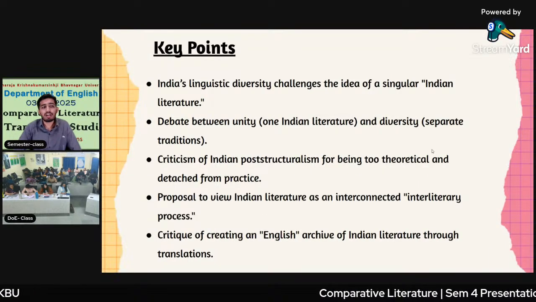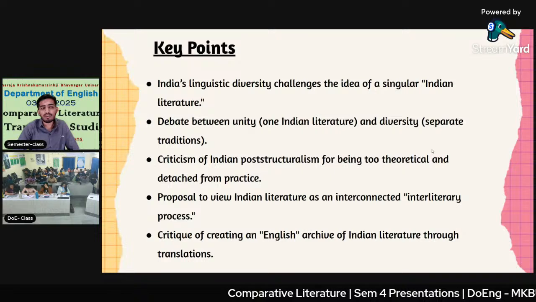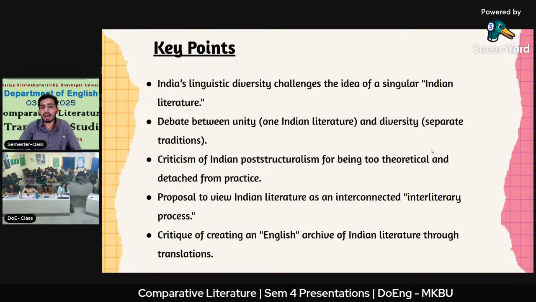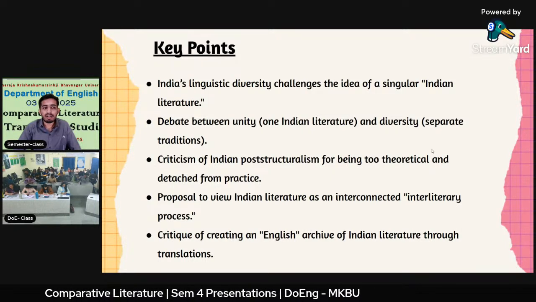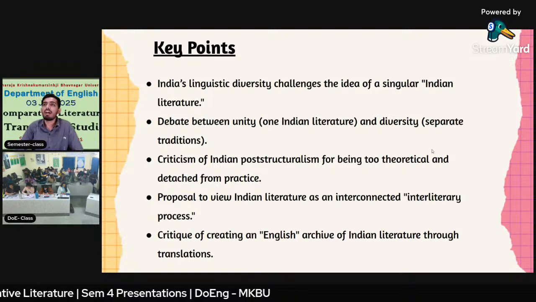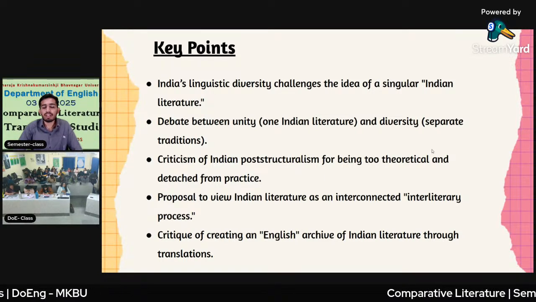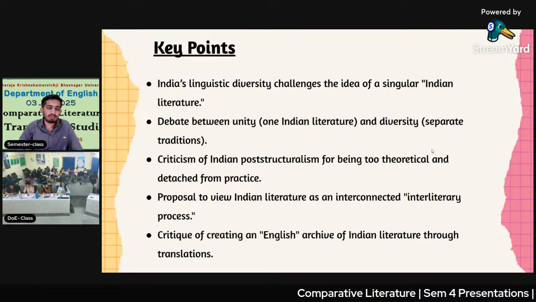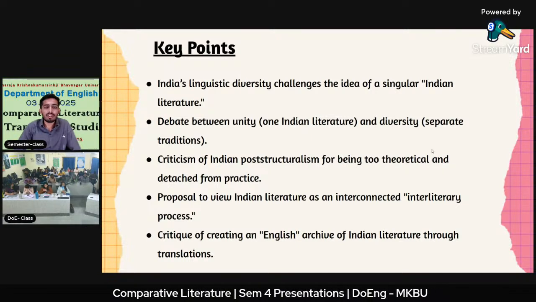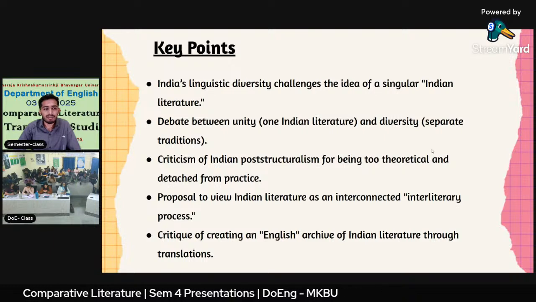Key points: India's linguistic diversity challenges the idea of a singular Indian literature. In the article, he says that it is not Indian literature, it is literatures, because there are many dialects and languages, and India does not hold only a single literature, it has literatures.